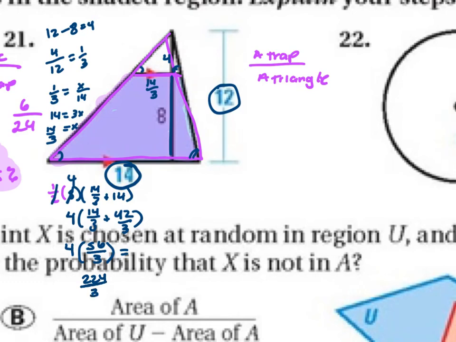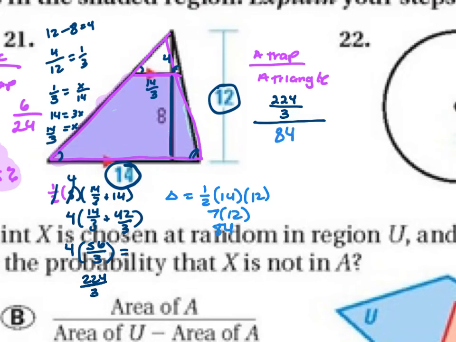That's the area of the trapezoid. And then the area of the triangle, the big triangle, is what we're talking about, 1/2 base times height. So then I would have to keep, change, flip. This would be 84 over 1, which becomes 1 over 84.